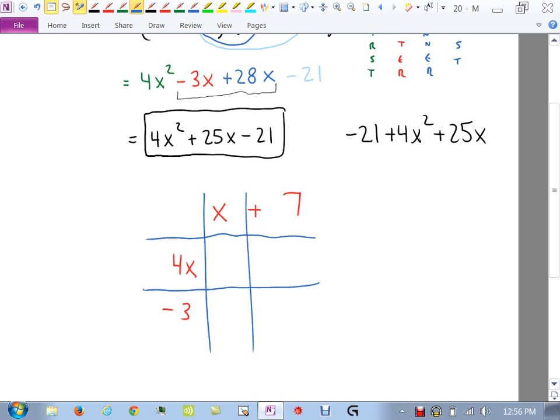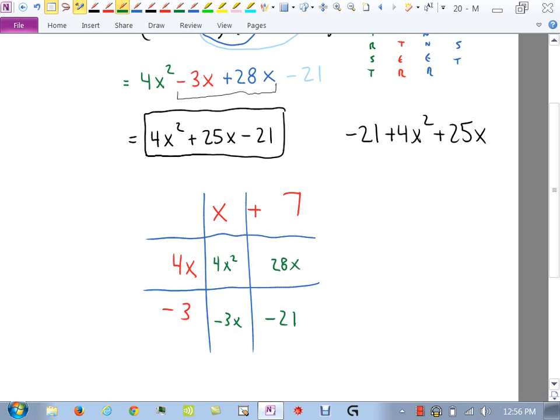So what's x times 4? 4x squared. Then if you want to know what goes here, you do 7 and 4x. What's 7 and 4x? 28x. Then if you want to know what goes in this one, you go x and then negative 3. What's x times negative 3? Negative 3x. And then the last one here would be 7 and negative 3 is negative 21.